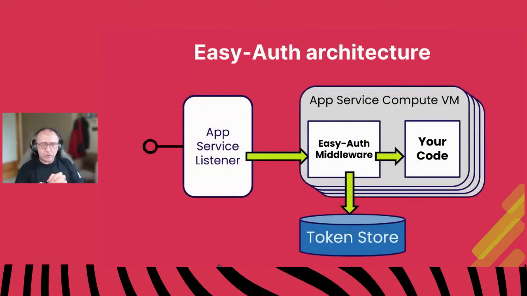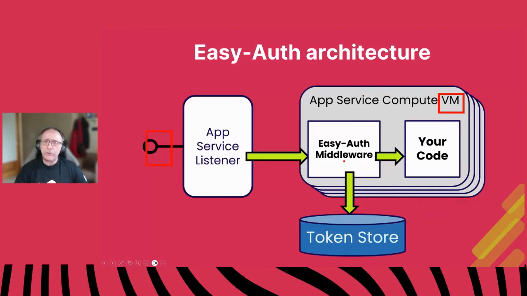This is the architecture. When you create your app service, you know, and if you don't know, I will tell you now, you have the app service in Azure that hosts your code and exposes the listener. So the listener here is exposed by the app service, but your code will run in VMs that are in the app service plan in Azure.